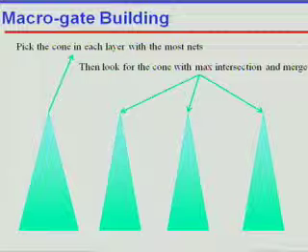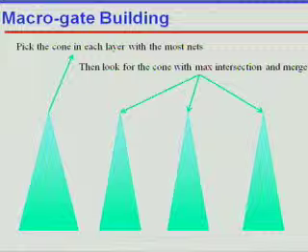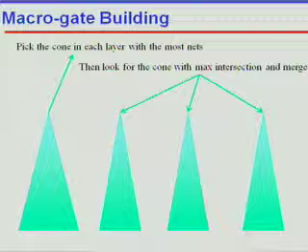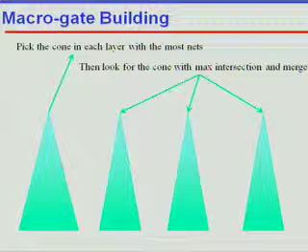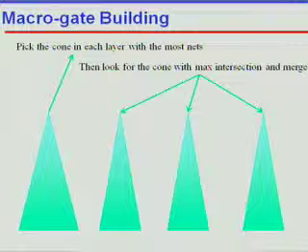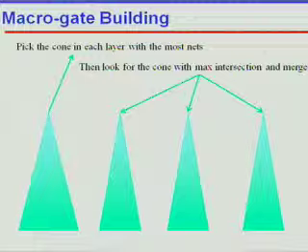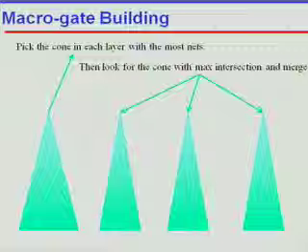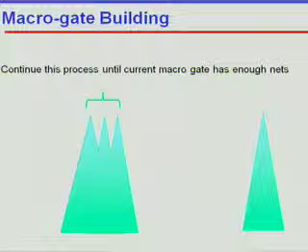So first, in each layer, we pick the cone with the most nets, and then we check the cone with the maximum overlap with our current cone, and then we merge them. We repeat this process until we have enough nets in the current macro gate.